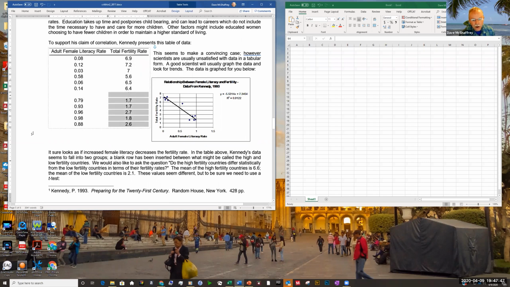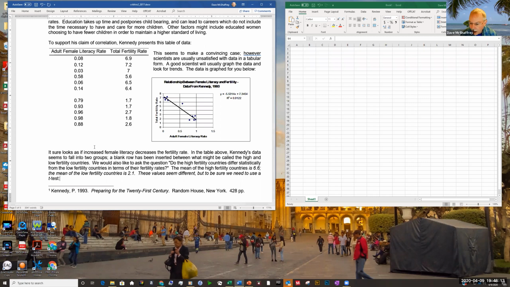We've got correlation, we've got a good model, but what we don't have is a statistically significant difference between these two sets of numbers. Okay, if we average out the fertility rate here, it's 6.6. And if we look at the other group, it's 2.1. That's greater than 3 times from the low fertility countries to the high fertility countries.